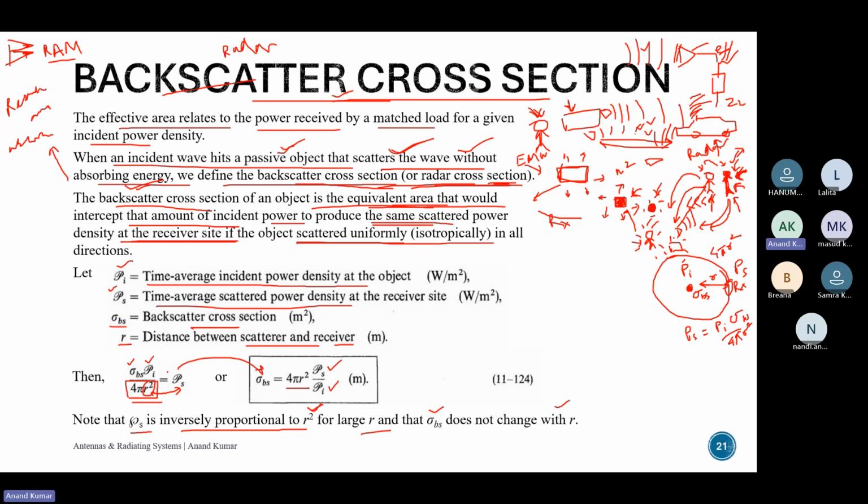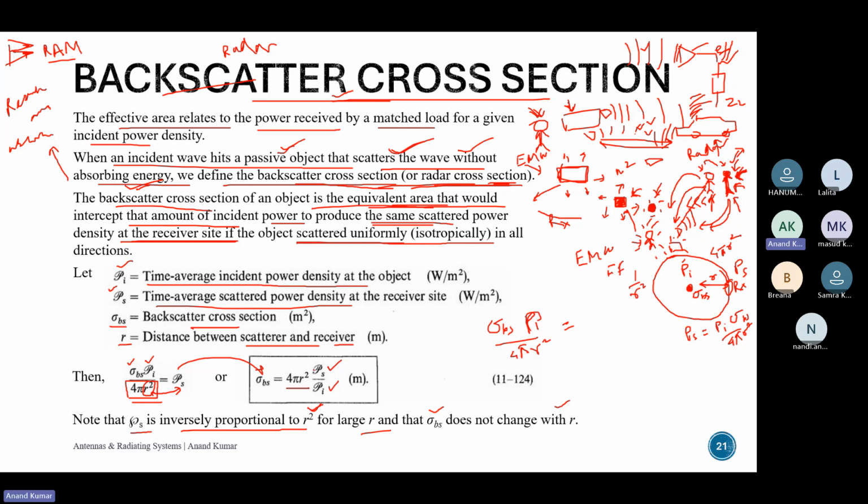So this sigma bs into the incident power by 4 pi r square is equal to the scattered power. And the scattered power in itself, for EM wave, if you remember, when EM waves are in their far field, becomes proportional to 1 by r square.